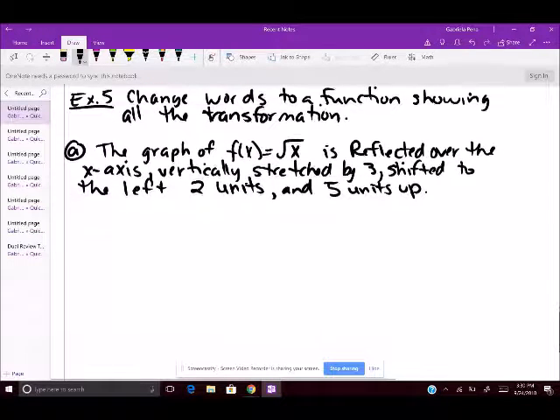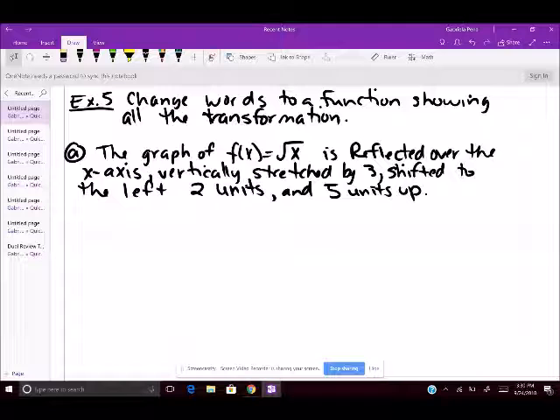Let me just move this up. So change the words to a function showing all the transformations. So they tell you, hey, the graph is f of x equals the square root of x.